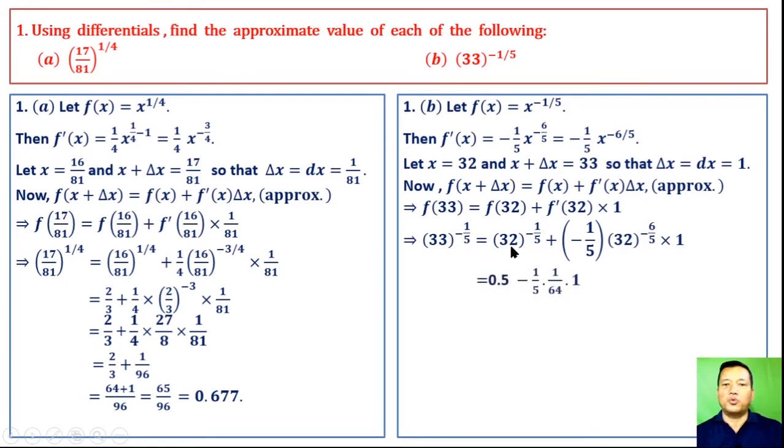Here 32 to the power minus 1 by 5 is 2 to the power minus 1, that is 0.5, and 32 to the power minus 6 by 5 is 2 to the power minus 6, that is 1 by 64, into 1. Summing up, we get minus 1 divided by 320, which is 0.0031. So 0.5 minus 0.0031 gives 0.4969, and lastly we get the approximate value 0.497.